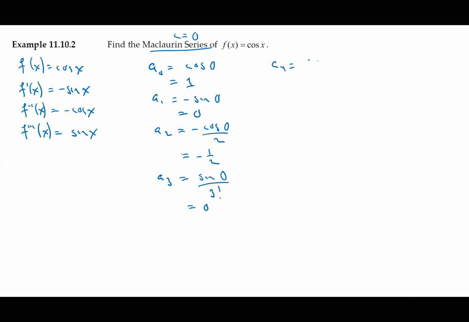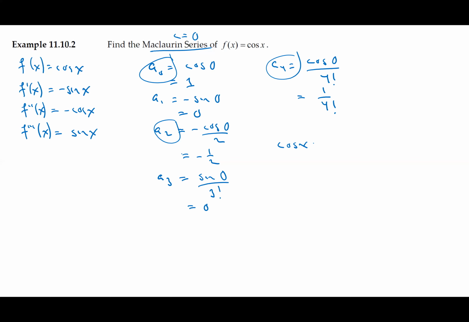A4 is going to be cosine 0 over 4 factorial, which is 1 over 4 factorial. And so what I want you to notice is that it's really only the even terms that have any values here, and the signs are alternating, right?